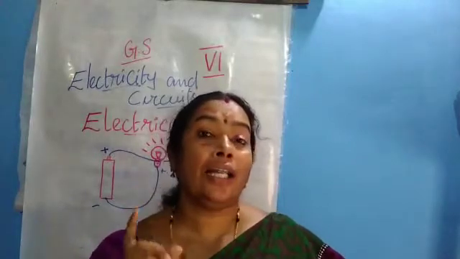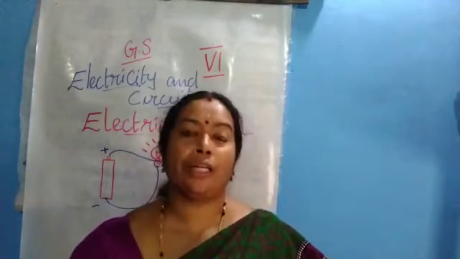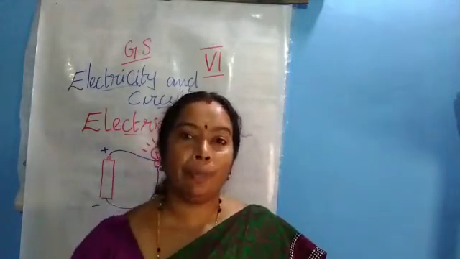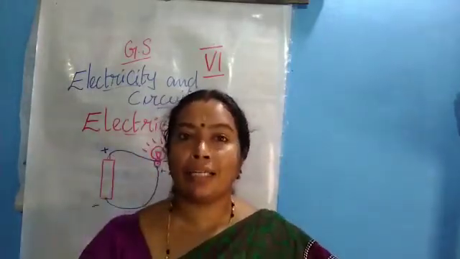Next, the electric bulb. An electric bulb also contains two terminals, and at the top portion of the bulb there is a transparent glass cover.